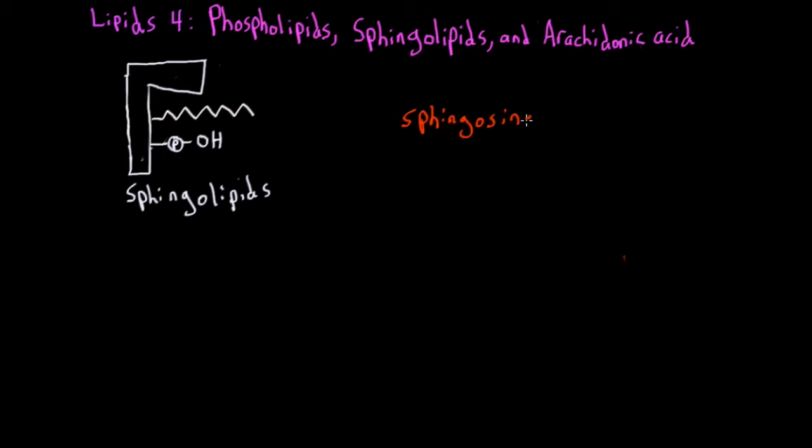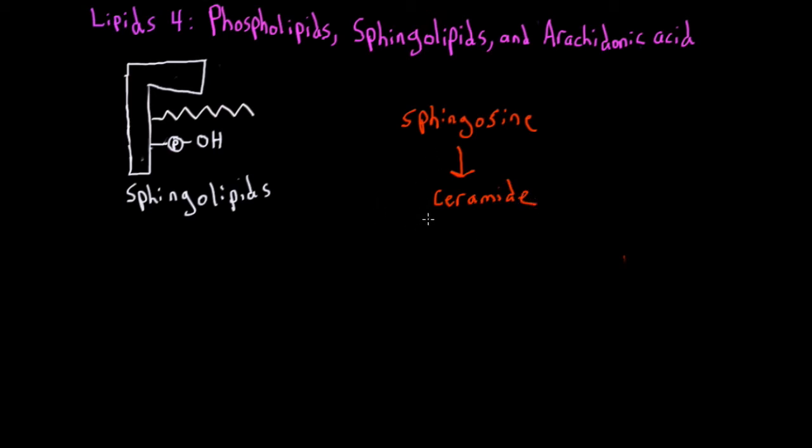Now sphingosine breaks down into a multitude of products, and if there is a problem in this metabolism breakdown, then we can yield different disease states. So if we take sphingosine, first we want to convert it to ceramide. And from ceramide we get a bunch of different products.